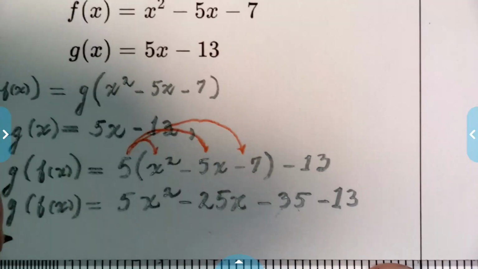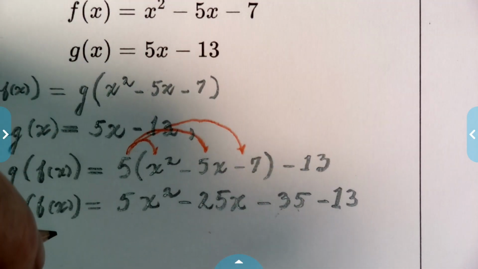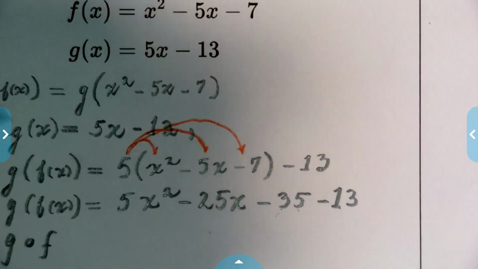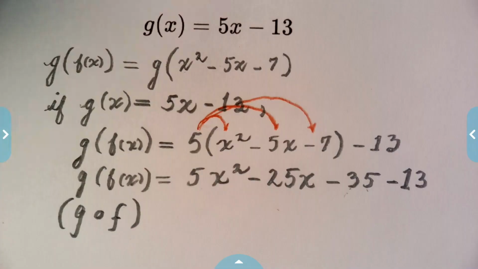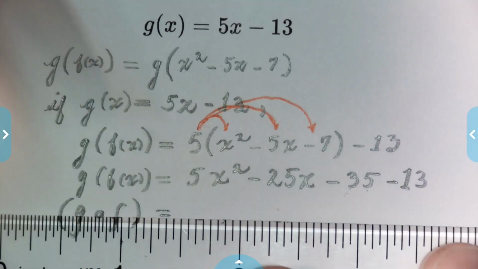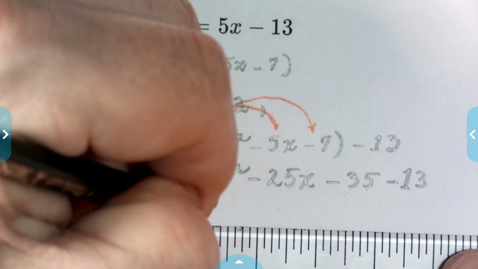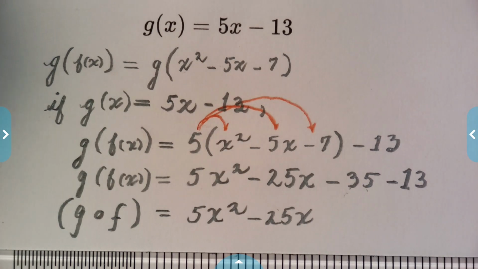All right, so I'm going to use this notation now just so you can see the correspondence between the notation styles. The composition of G and F is equal to 5x squared minus 25x, and then negative 35 minus 13 is minus 48.